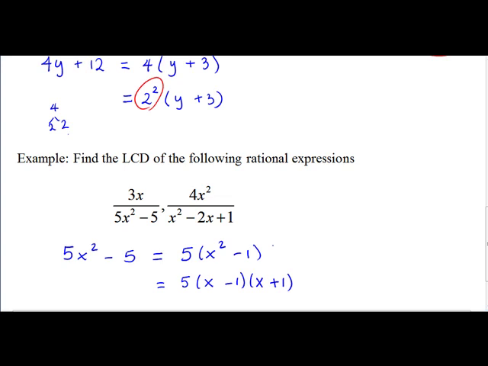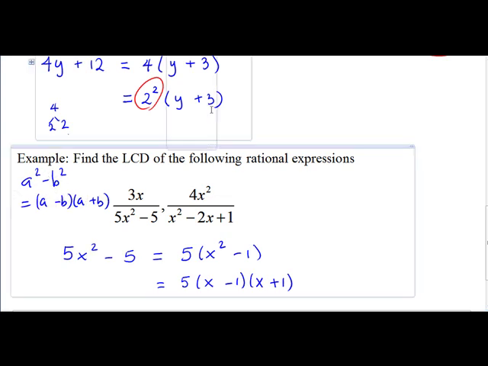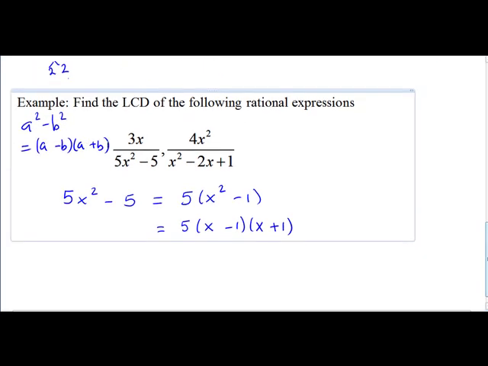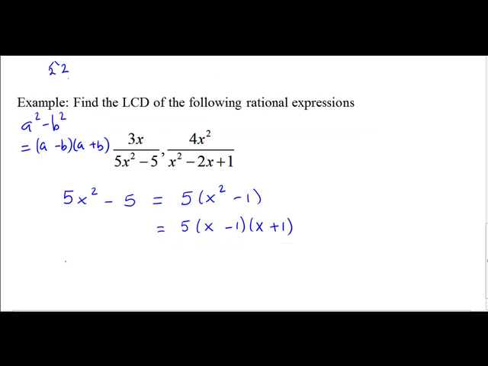I remember that a squared minus b squared equals a minus b times a plus b. So in this case, x is a and b is 1. Please remember this identity. It's very helpful.